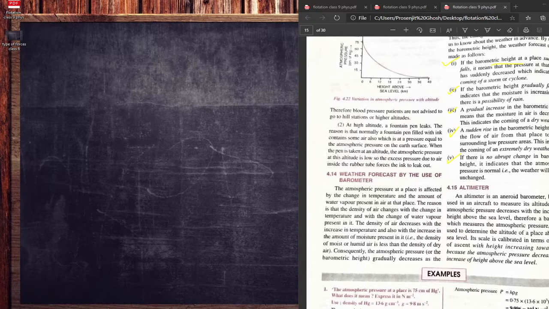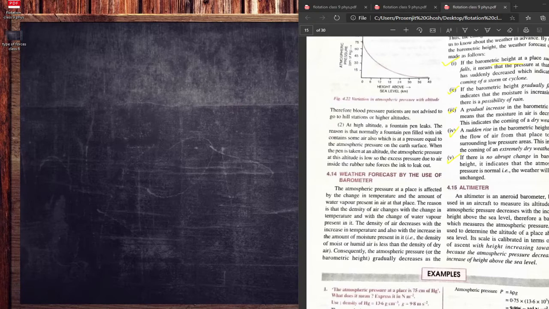If the level of the barometer gradually decreases, then we can say that rain is possible. What if the level of the barometer increases quickly? Then we can say that the area is now a low pressure zone while the flow of air is very high over there. And due to that, we can determine what the weather is going to be.